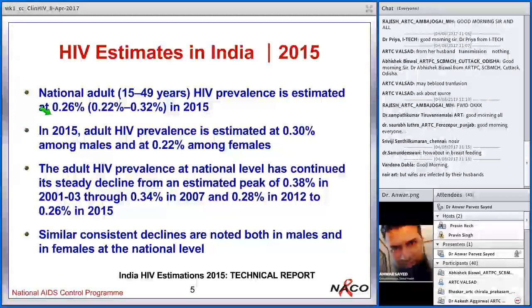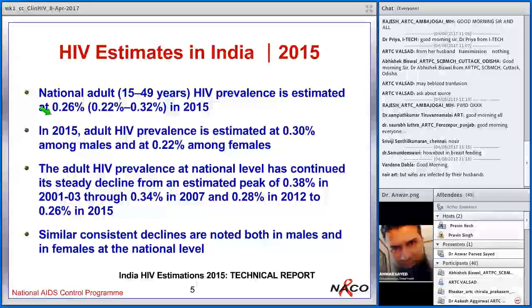But because the denominator is huge, because we have a huge population, even if the number is high, the percentage will still be low. In terms of numbers, we have almost 2 million HIV positives estimated in the country. So 2 million is a huge number, that is 20 to 21 lakhs, which comes to 0.26% in terms of percentage.